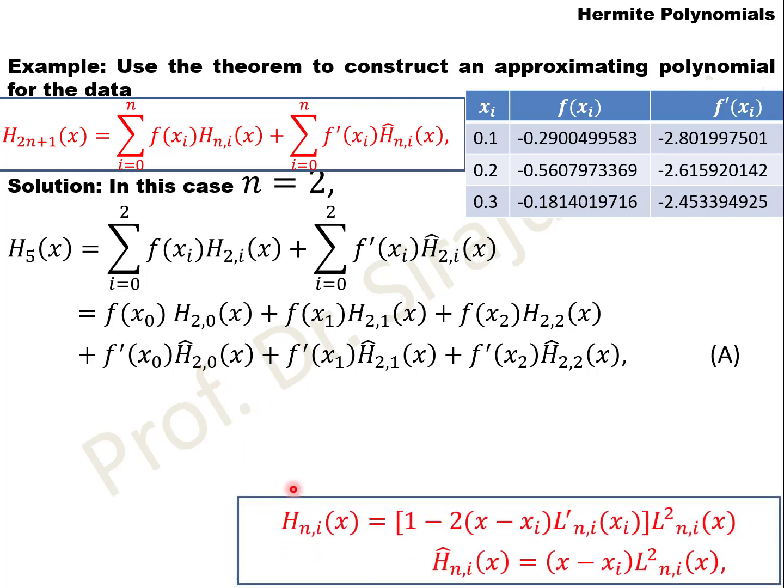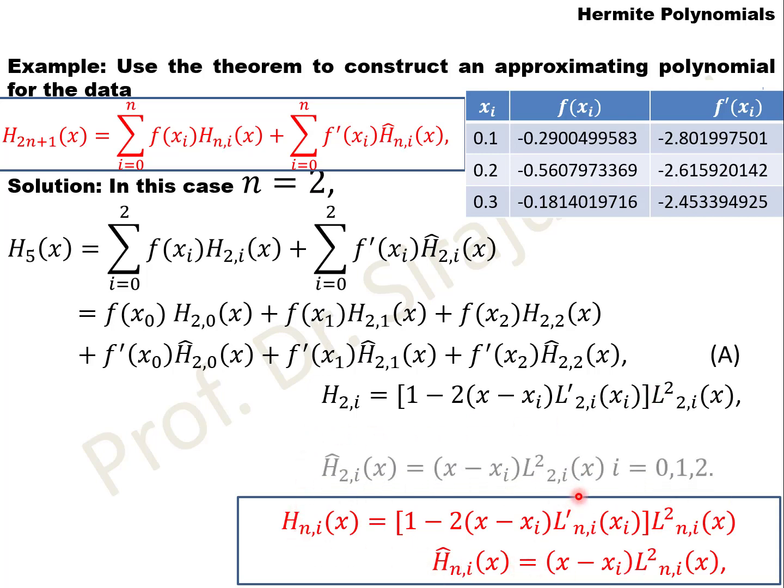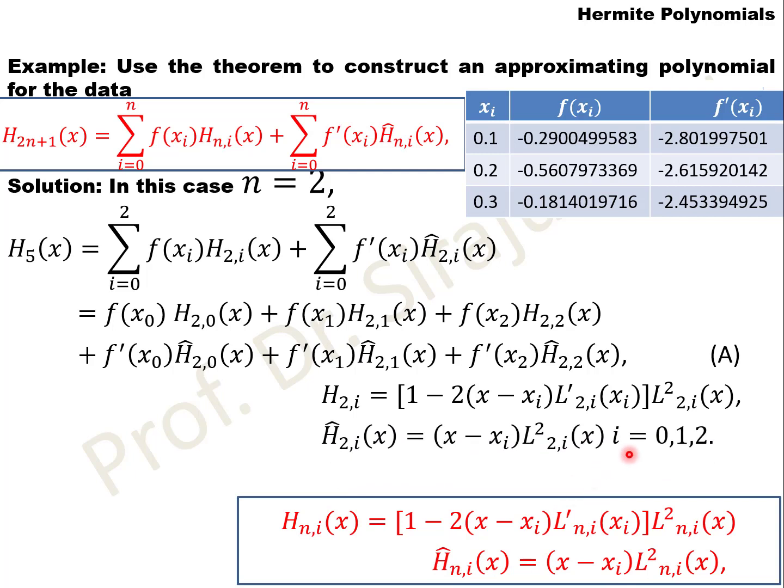You know that this is the formula. This is coming from the theorem. When we substitute n is equal to 2, the first expression gives you this value. And when n is equal to 2, the second expression gives you this value, where the value of i is starting from 0, 1, 2.